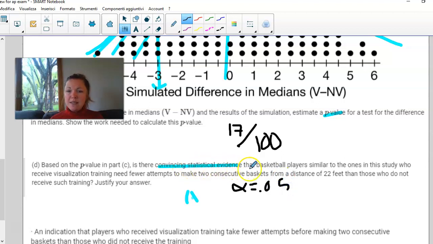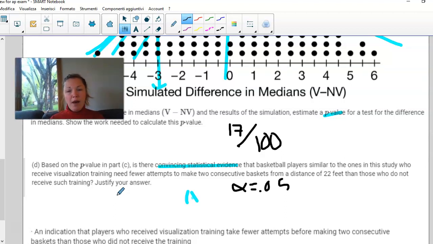Is there convincing statistical evidence that the basketball players similar to the ones in the study who receive visualization training need fewer attempts to make 2 consecutive baskets from a distance of 22 feet than those who do not receive such training? What would we say then? Based off this simulation, do we have evidence? No, we don't.